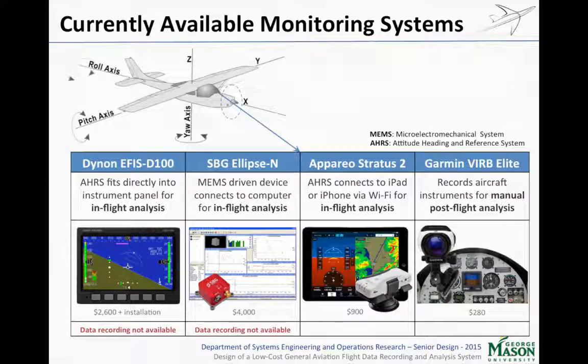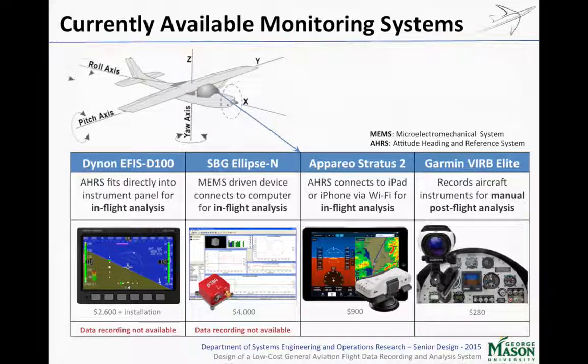The next one is the SPGO LIPS, which is a microcontroller-driven device, also capable of doing in-flight analysis. The next is the Stratus 2, which is a very popular device among these experimental aircraft pilots due to its low cost, and also its ease of use, the fact that it interfaces through Wi-Fi with an iPhone or an iPad.